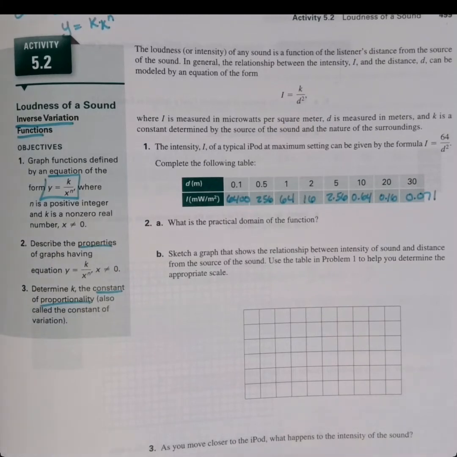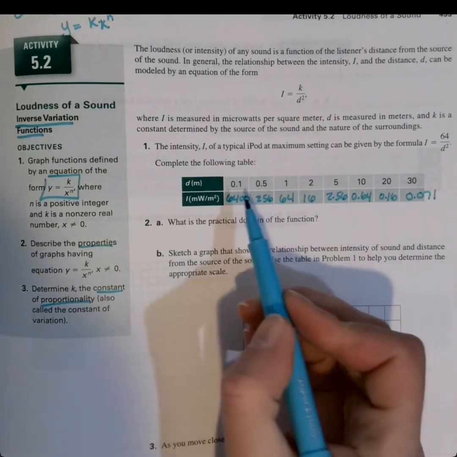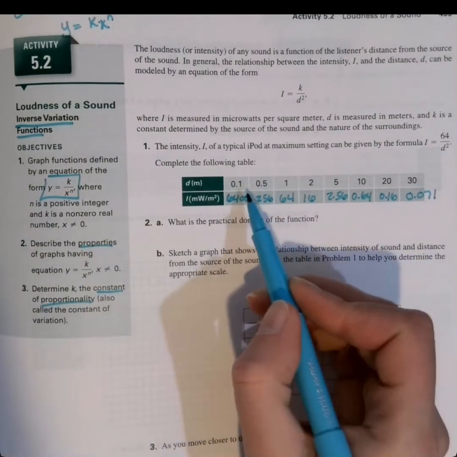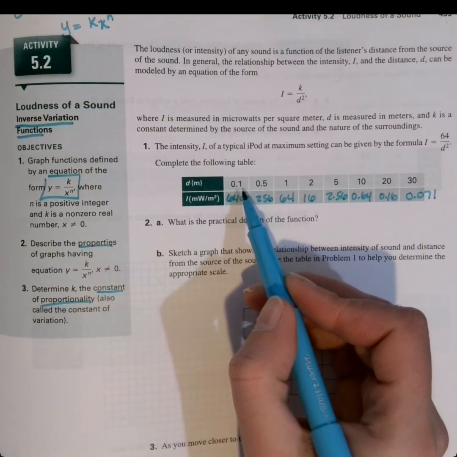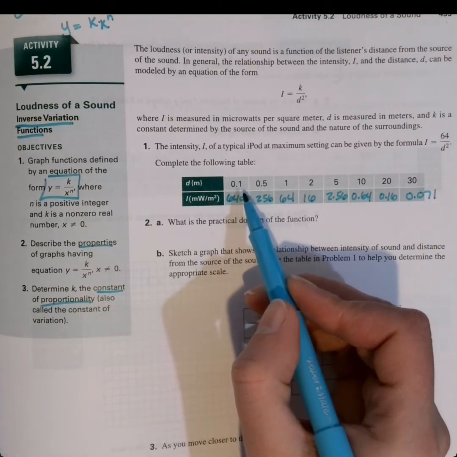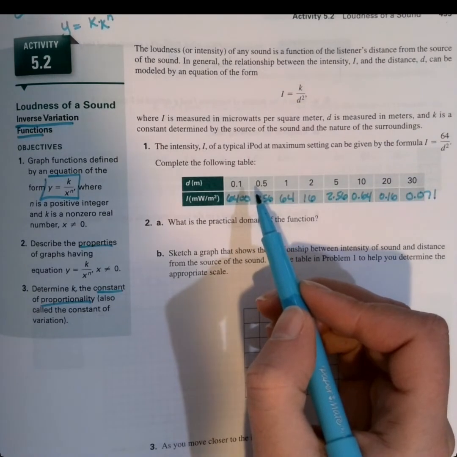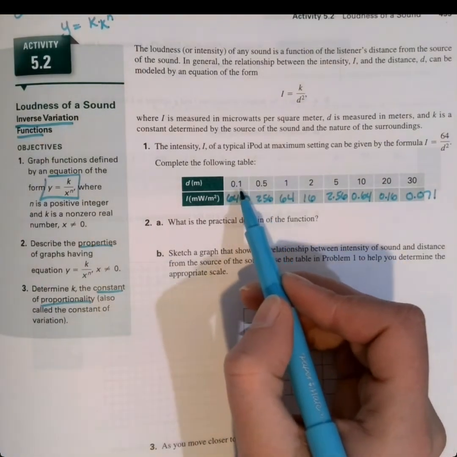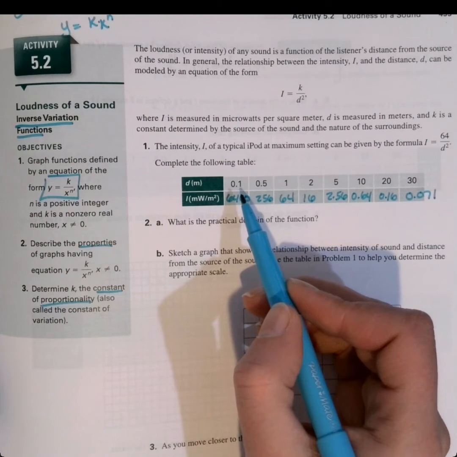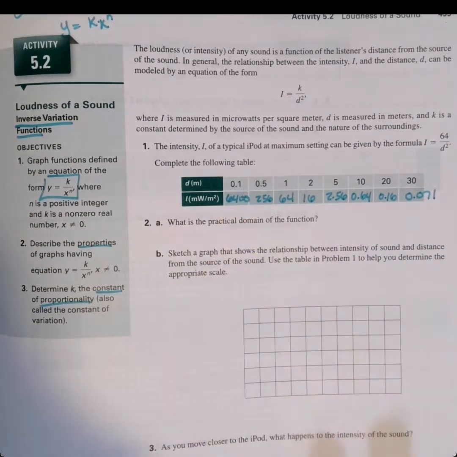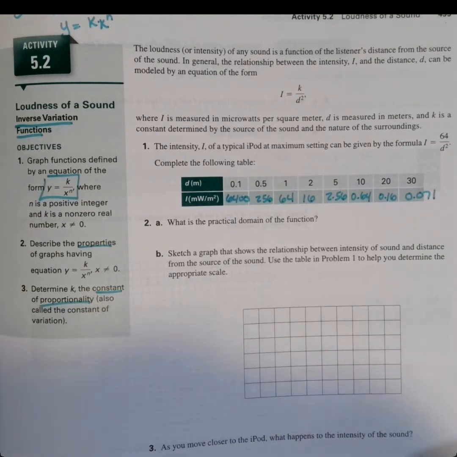What's the practical domain? My distances, my inputs right here. I have a very small input at the moment of 0.1. If you're thinking about this, this is meters. So 0.1 meters is 10 centimeters. If you're imagining holding an iPod that far from your head, you can get it closer if you wanted to, like hold the iPod up to your ear.